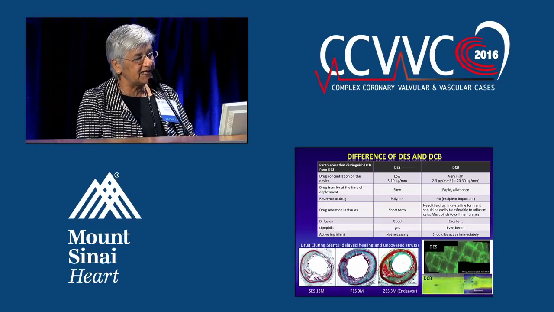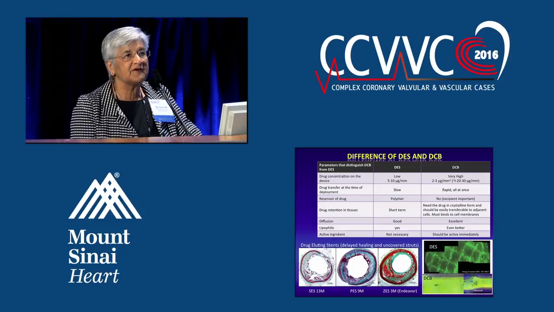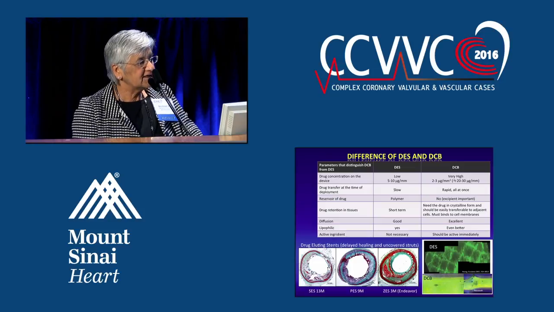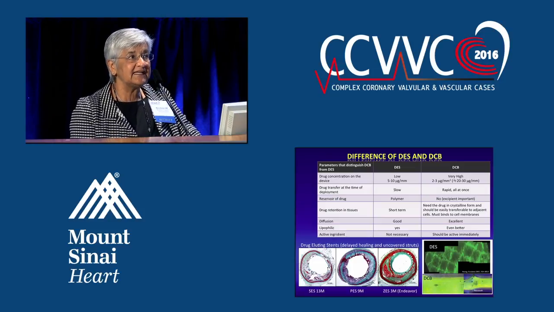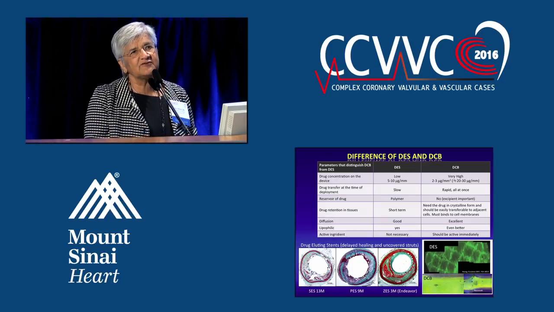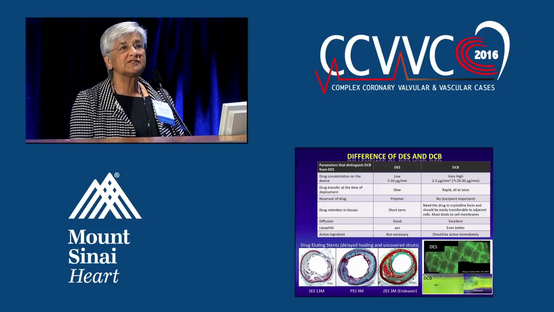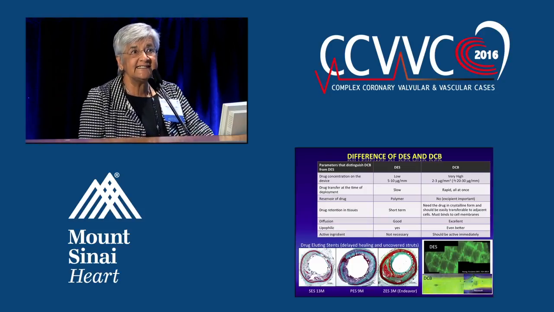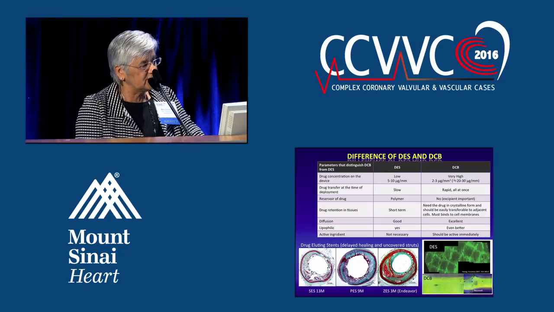We have an excipient, which is an important component that allows the drug to stay there for a time. Drug retention in tissue is relatively short in the case of drug-eluting stents, whereas in the case of drug-coated balloons, it must be long because we need to keep it retained so that beyond 60 days, we still see an effect of the drug.